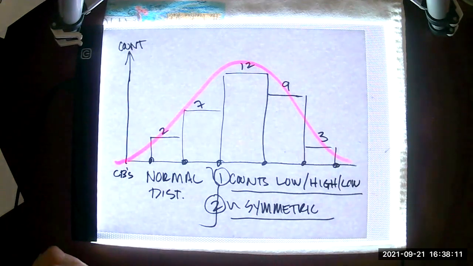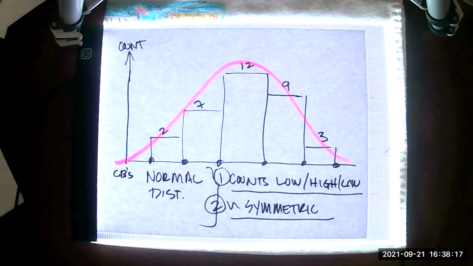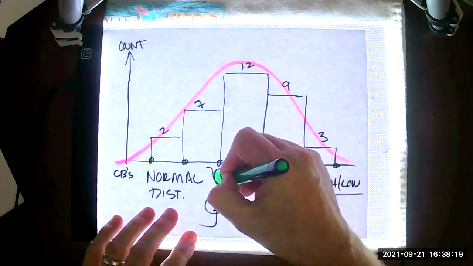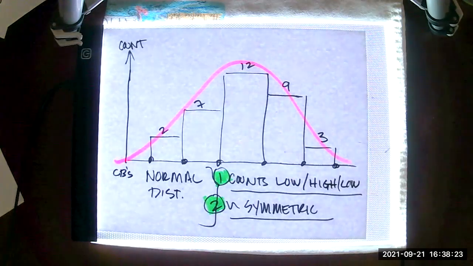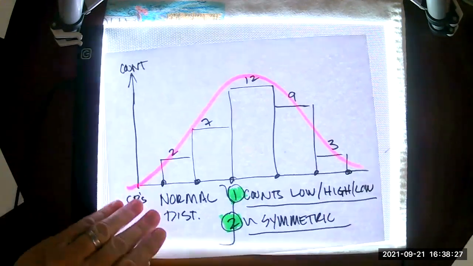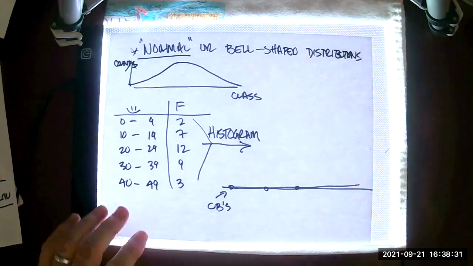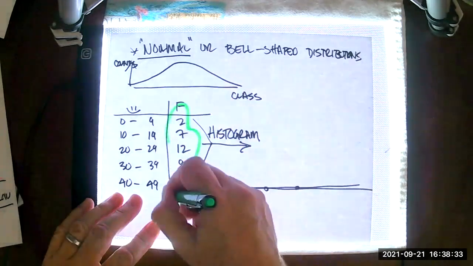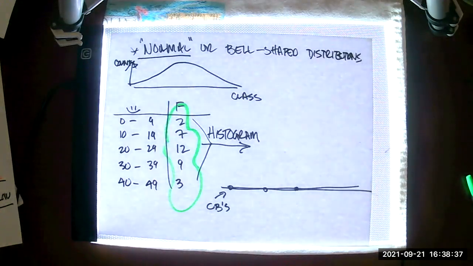There are strict mathematical requirements, but hey, today's not the day for that. So there are two requirements. When I ask, is this a normal distribution, or does this data approximate a normal distribution, we want to look at this frequency there and see if it follows that particular pattern.